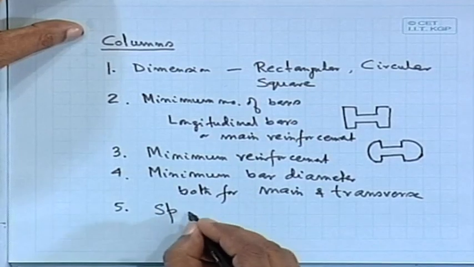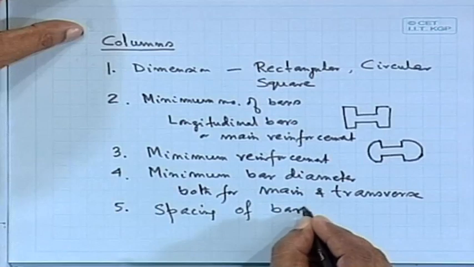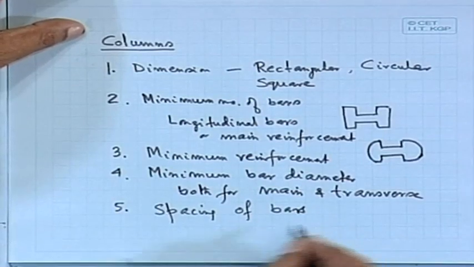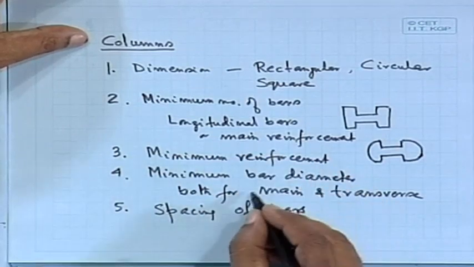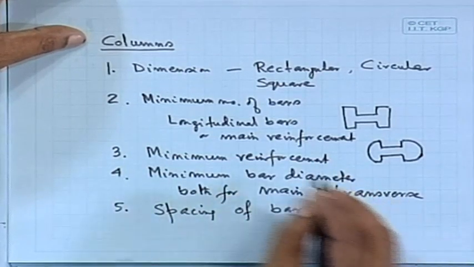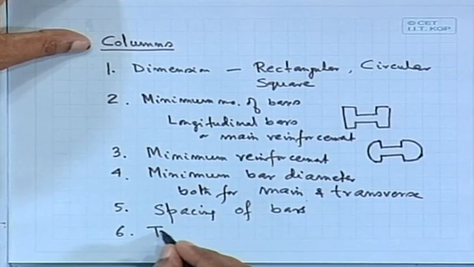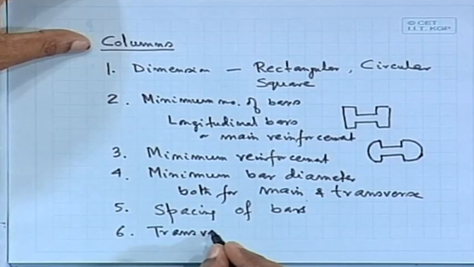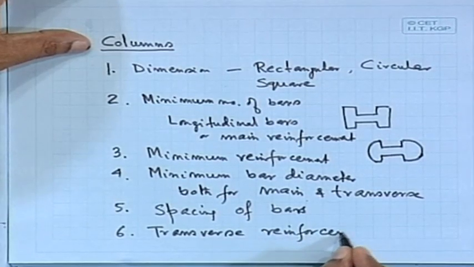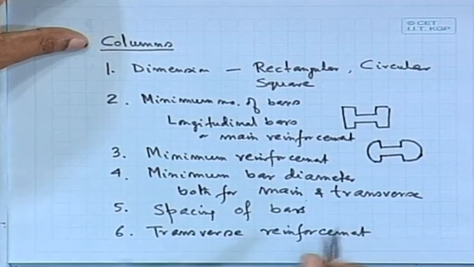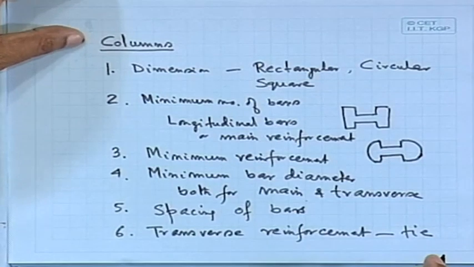Spacing of bars, and for spacing of bars, there is one more, we call it main and transverse reinforcement. So, let us give that one, say transverse reinforcement here. Let us provide here.